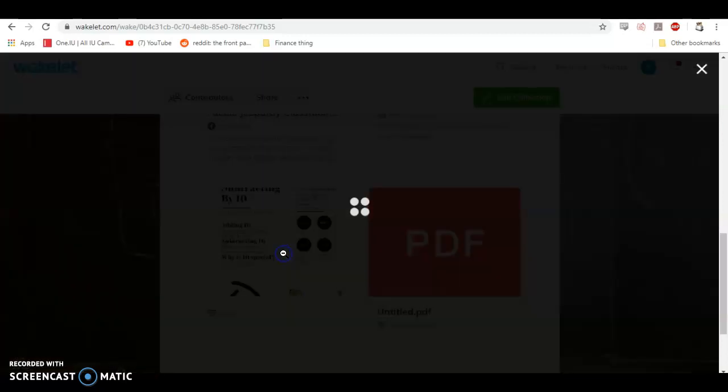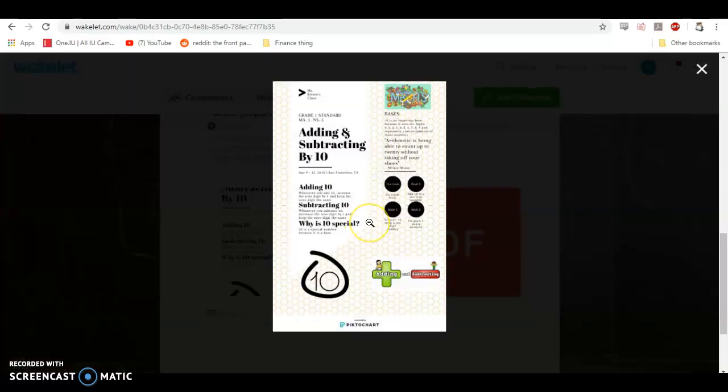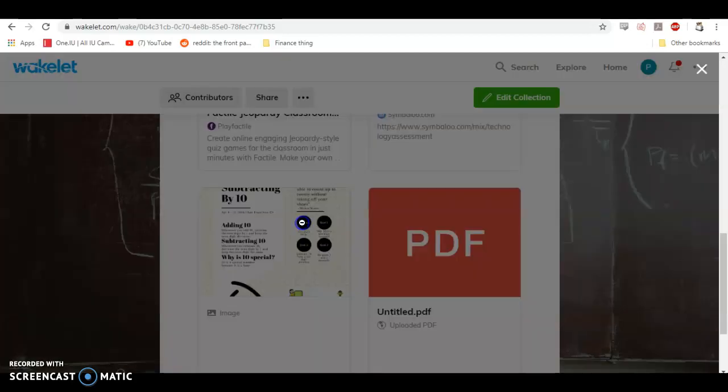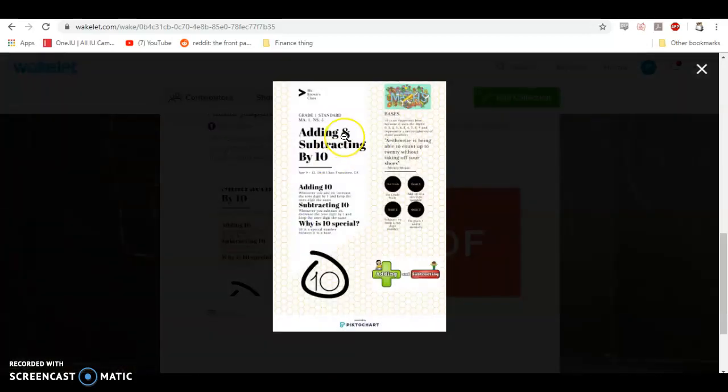I created a little infographic here. For this infographic, I just used Piktochart, and it's a little flyer discussing the standard. So, Miss Brown's class grade 1 standard, and then it has the standard name, adding and subtracting by 10.